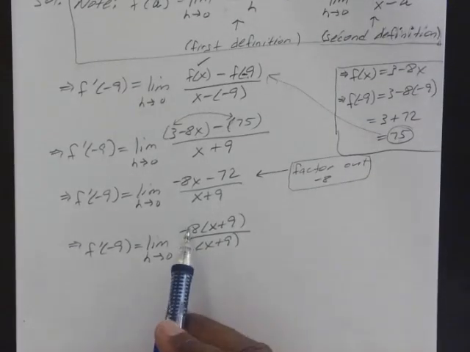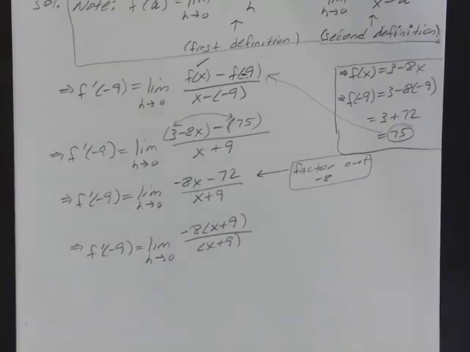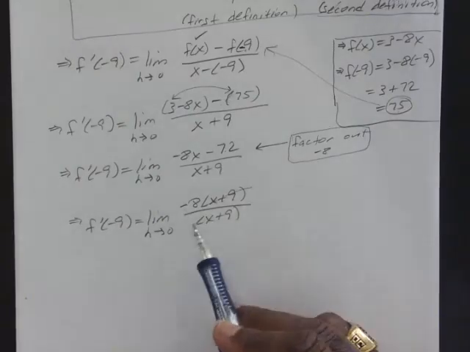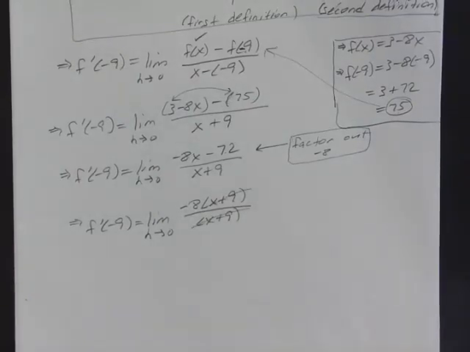And you can always double check: distribute the -8, get -8x minus 72. The x plus 9 and x plus 9 factors cancel each other out.